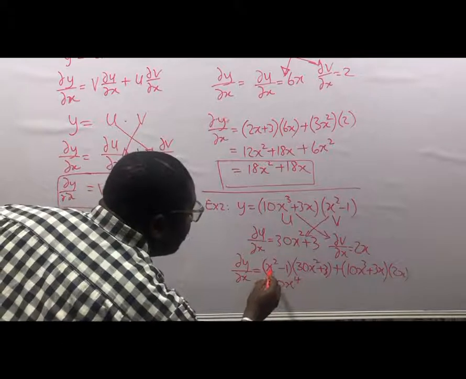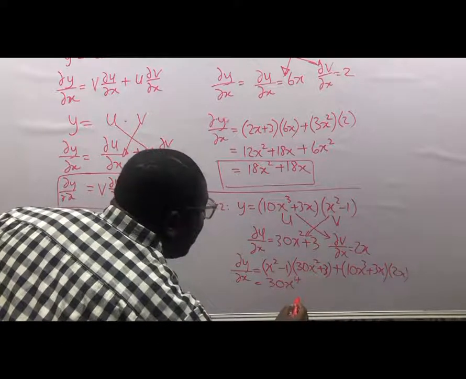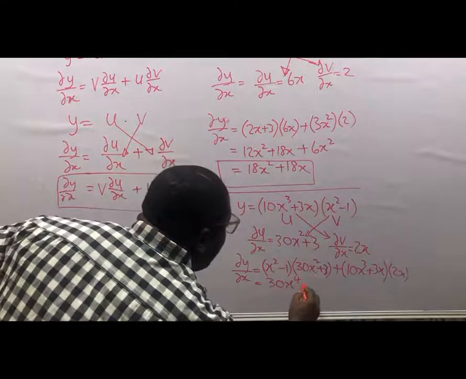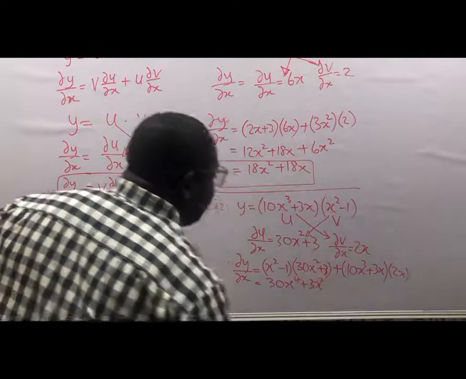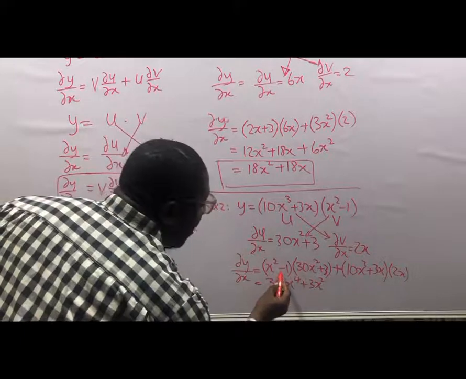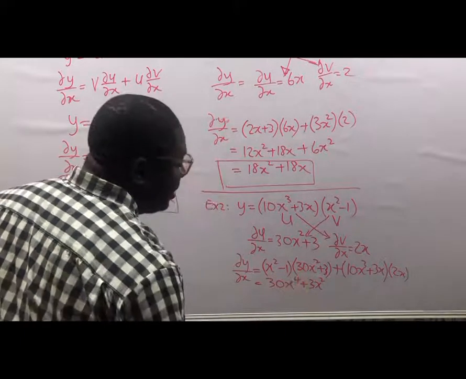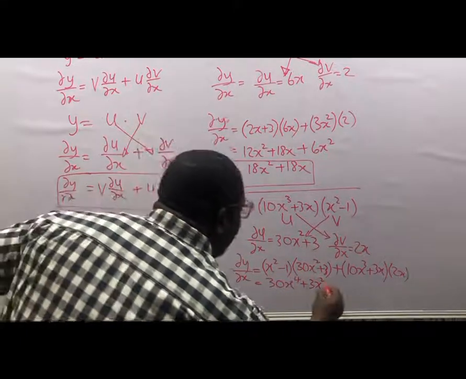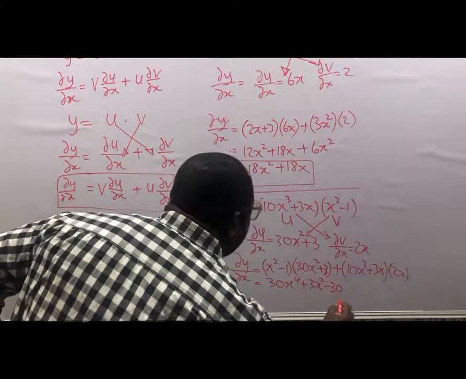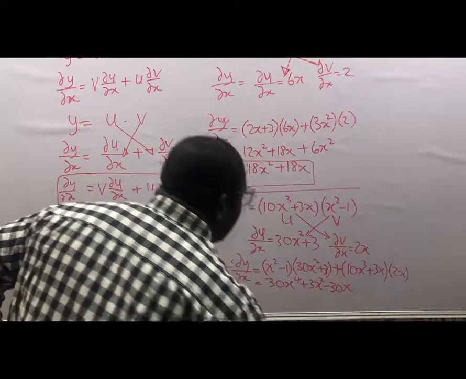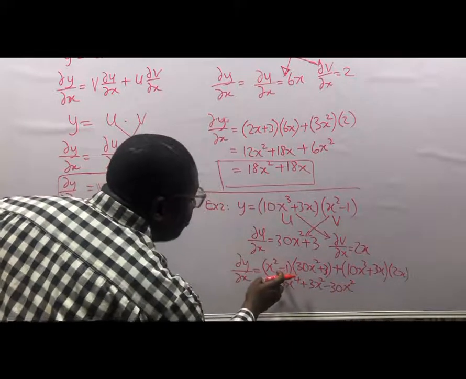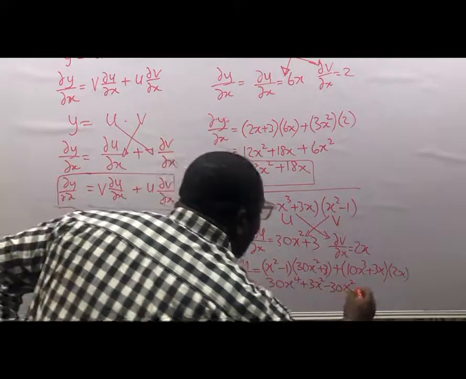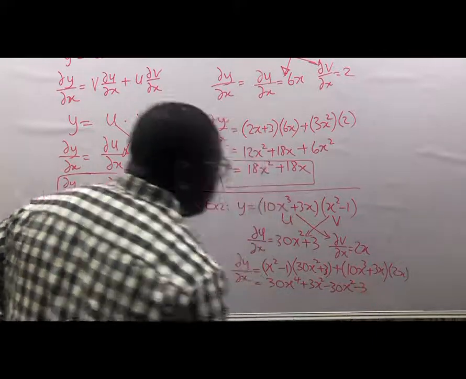Now this x squared times 3 will give us plus 3x raised to the power 2. Now minus 1 times 30x raised to the power 2 will give us minus 30x raised to the power 2, and minus 1 times 3 will give us minus 3.